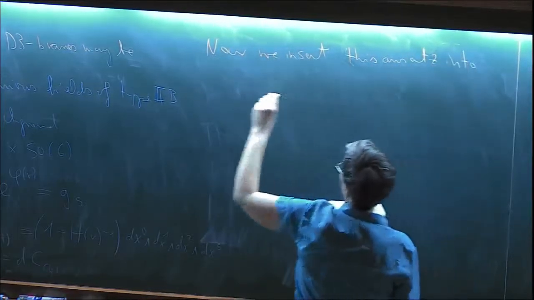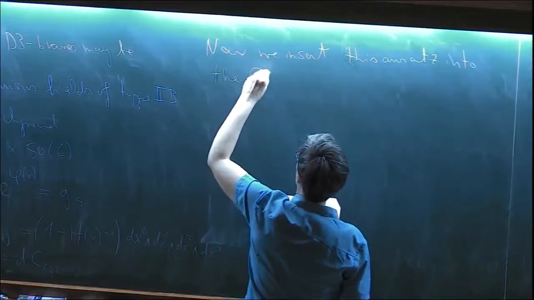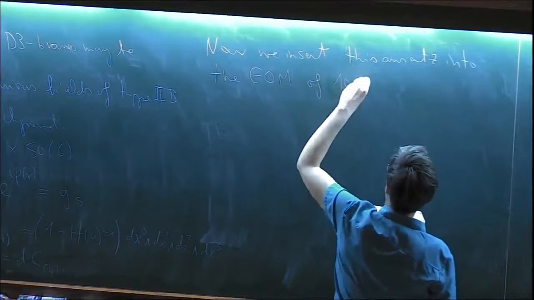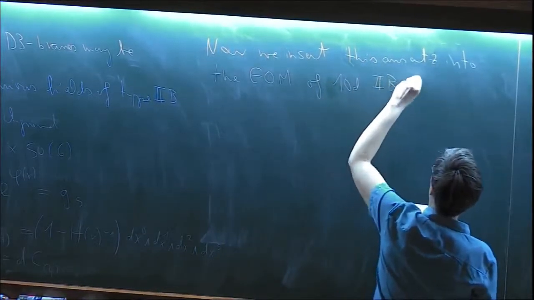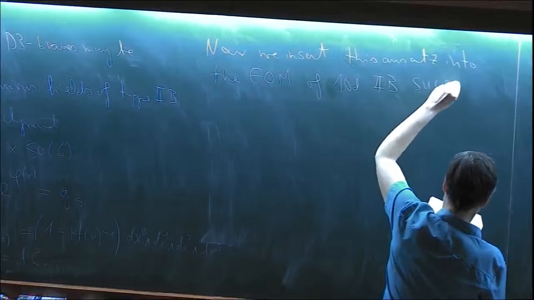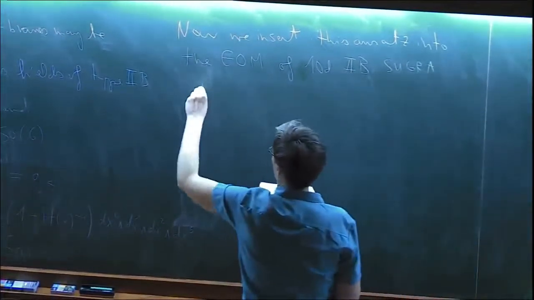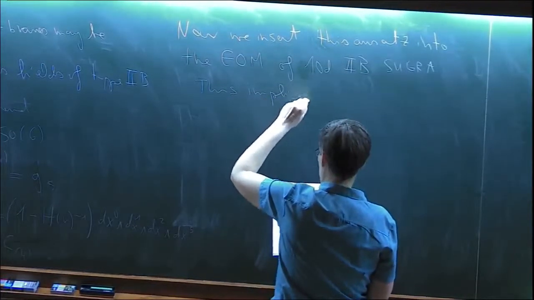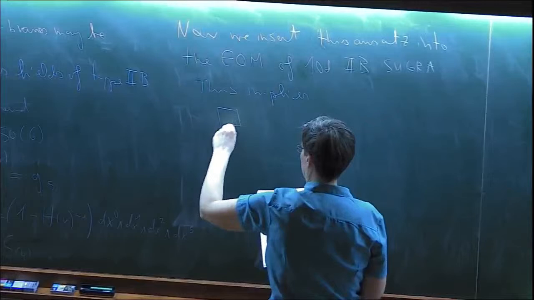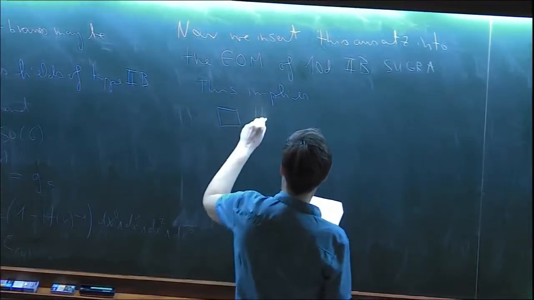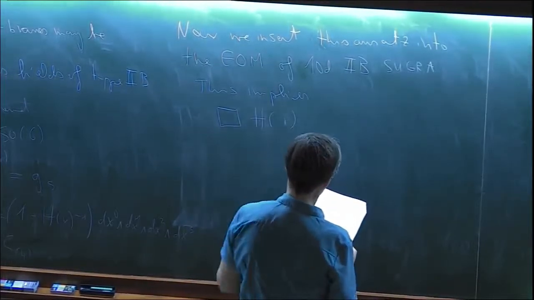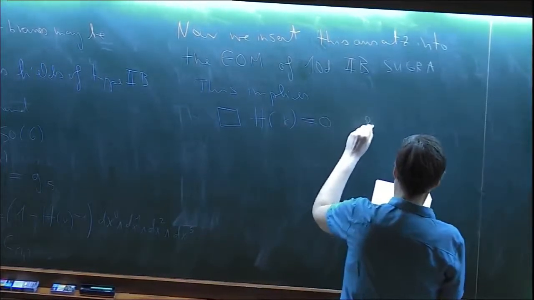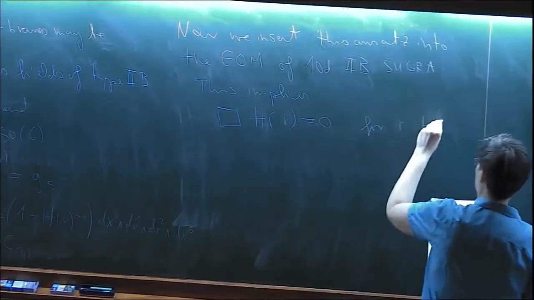Into the equations of motion of 10-dimensional type IIB supergravity. If we do that, the Einstein equation in particular will imply that the Laplace operator acting on this function H has to be 0 for r not equal to 0.